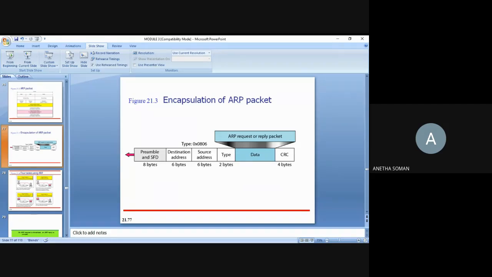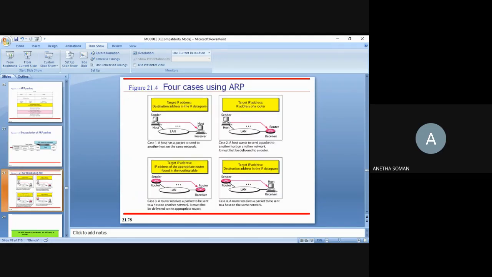Now you have 4 cases where you will use this ARP protocol. The first case is when your host wants to send a packet to another host which belongs to the same network. You can see in the diagram.